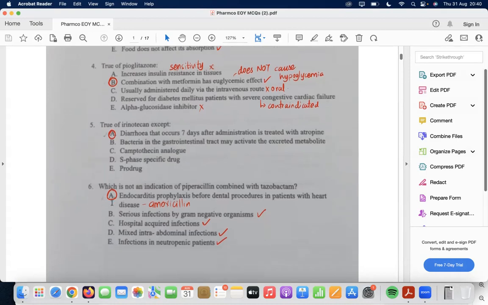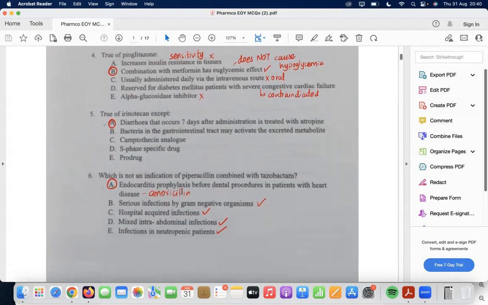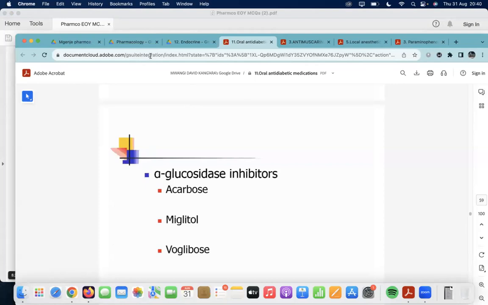So number 6, which one is not an indication of piperacillin combined with tazobactam? So this is second year work. Piperacillin combined with tazobactam is a drug called tazocin. Yeah, and you can get this answer in the topic for penicillin, which is in second year.